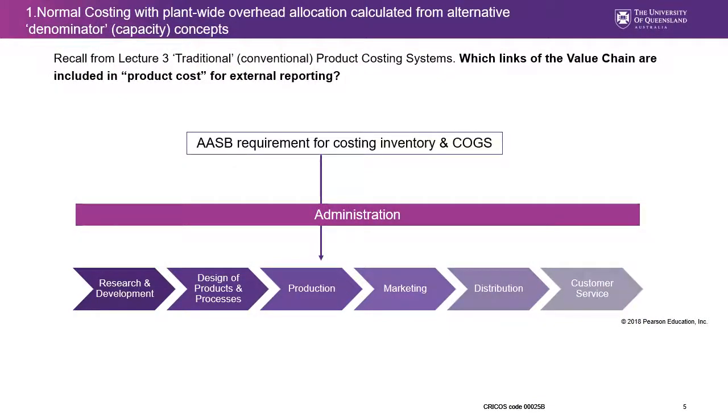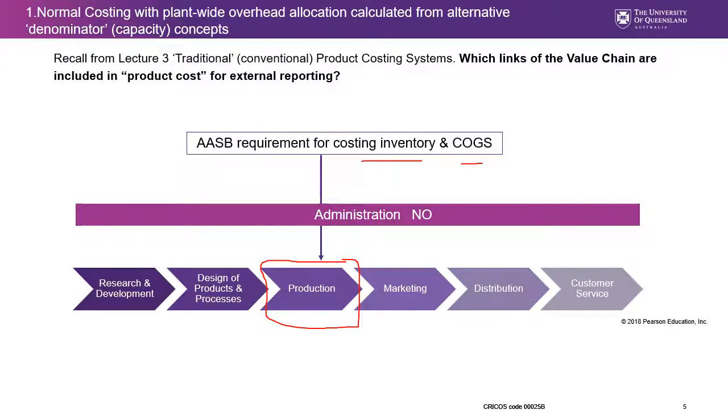Recall that in order to calculate our product costs, we can only include the costs of production, our manufacturing costs, in order to cost our inventory, our work in process and our finished goods, and to calculate our cost of goods sold expense.